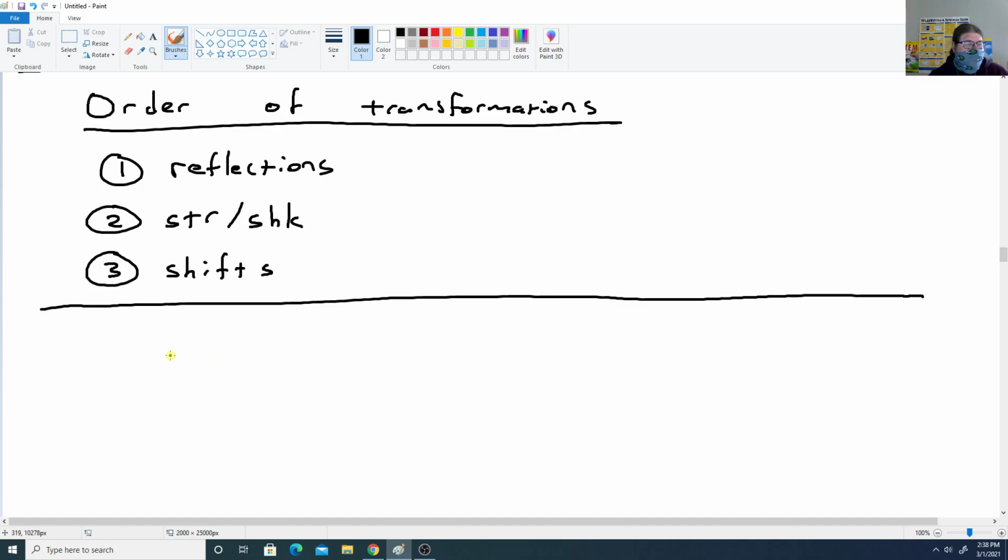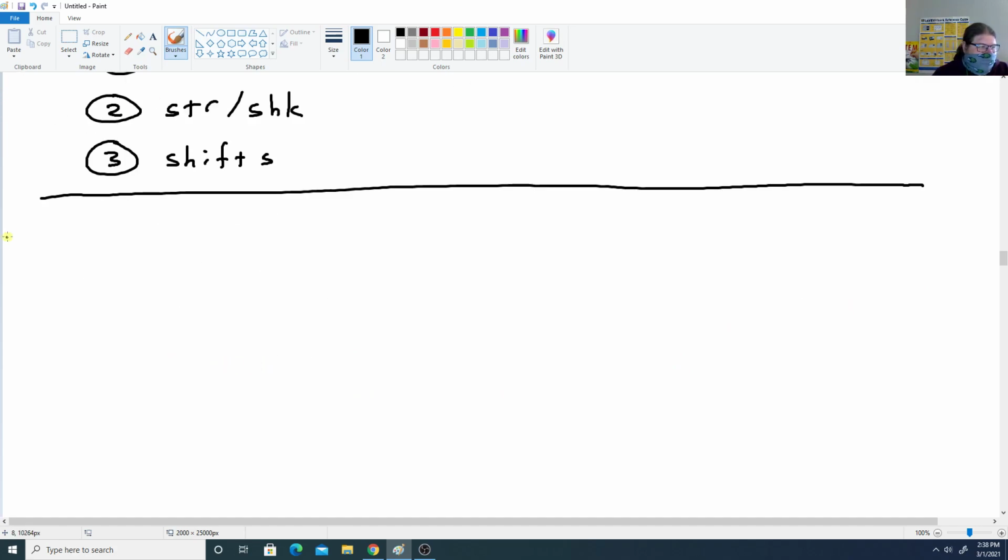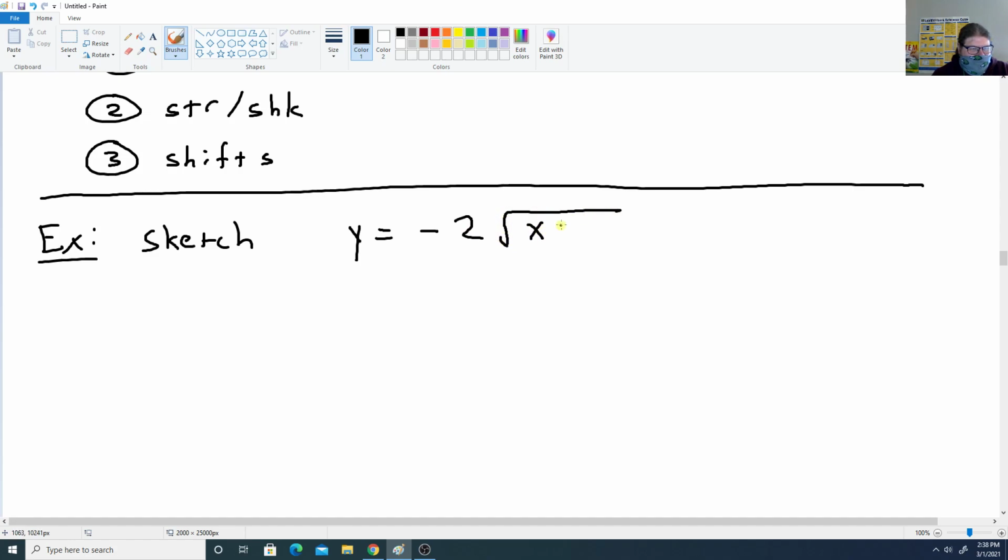So for this example, let's say we want to sketch y equals -2 square root of x plus 2, plus 1. So there are 4 transformations here.